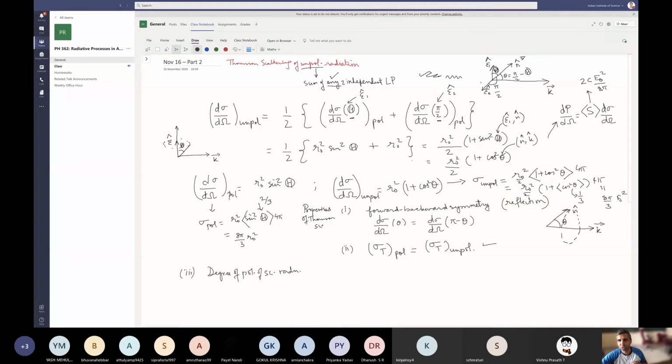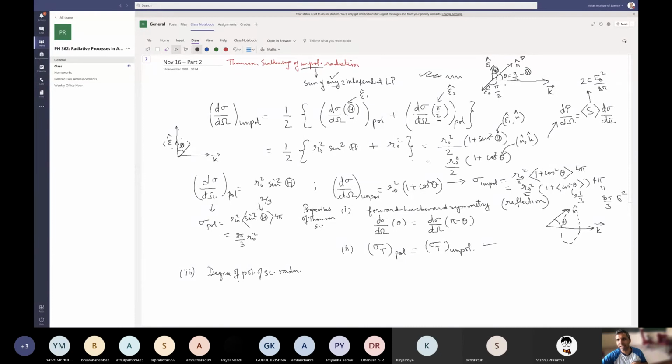For example, if you're looking along the epsilon 1 hat direction, you don't see this acceleration, but you see this acceleration. It will be totally polarized in that case. So when you're looking through the epsilon 1 hat direction, you get full polarization.